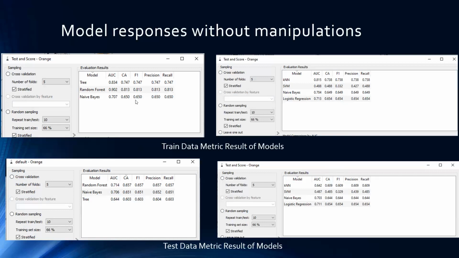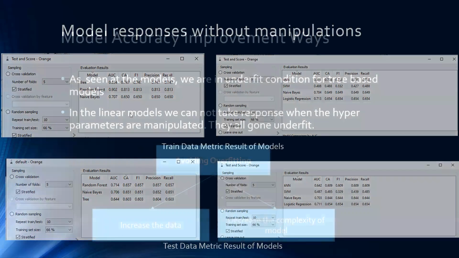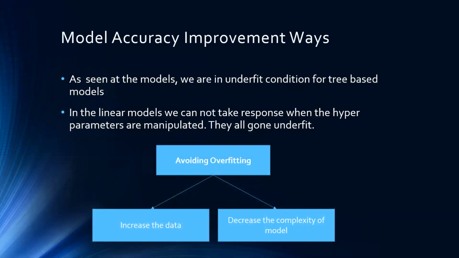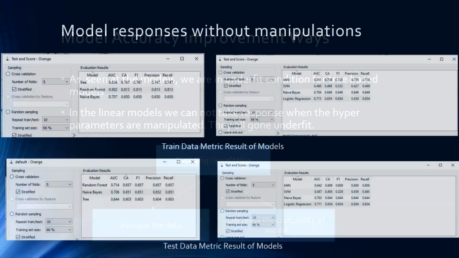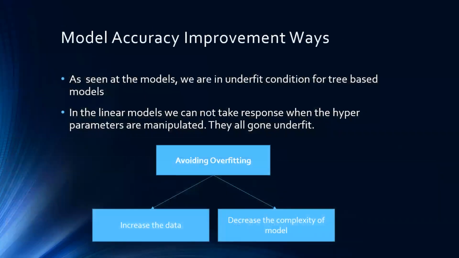Okay, let's move on. We have only 10 minutes. Okay, sir. So we worked on decreasing the complexity of the model to avoid overfitting for the tree and random forest models, because we get 90% on train and 60% on test.